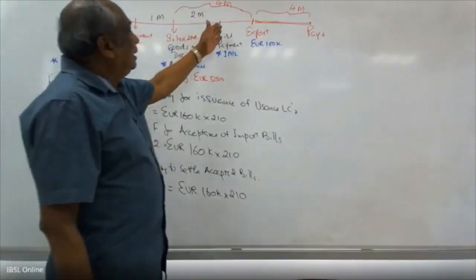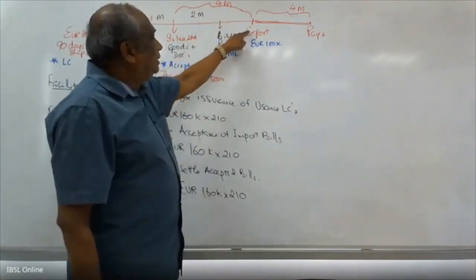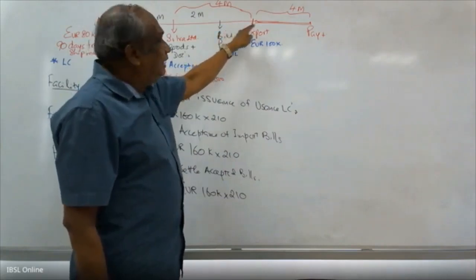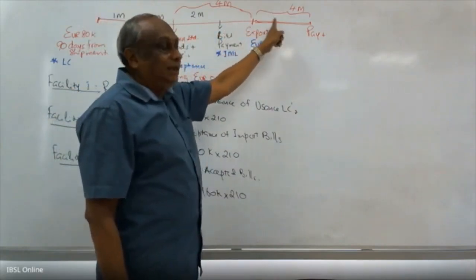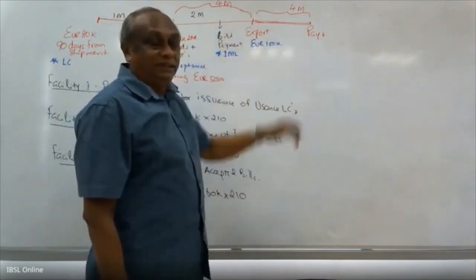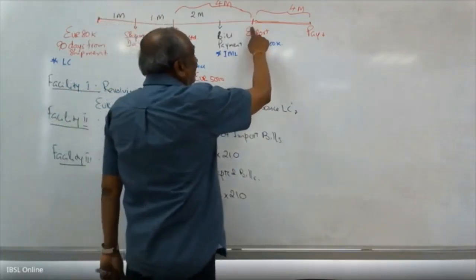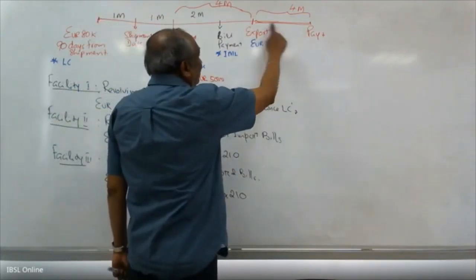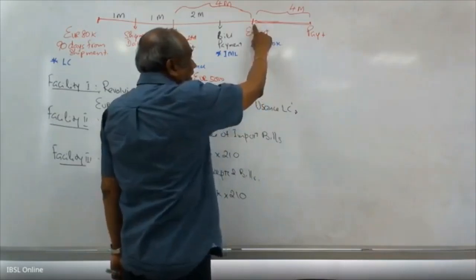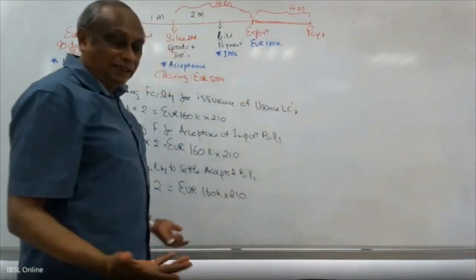Now here, this particular loan, the import loan, we have to settle. To settle the loan, we will get the money. Theoretically, we will get the money after 6 months: 2 months here and 4 months here. But when we do the export shipment, we will not wait for 4 months. We are going to have an export bill purchase facility. We are going to purchase that bill, assuming the bills are clean.